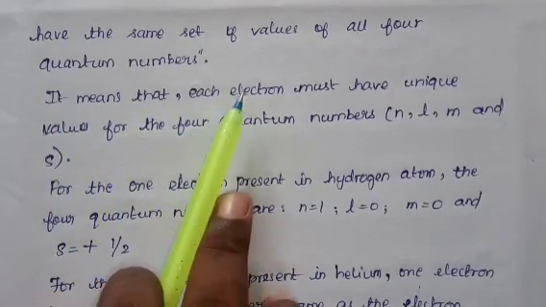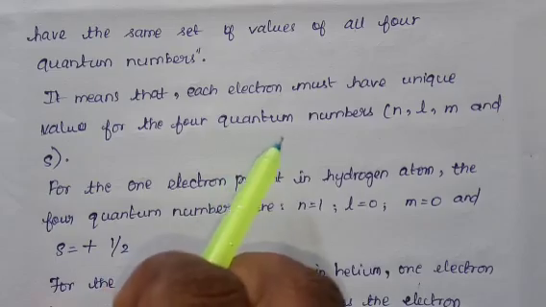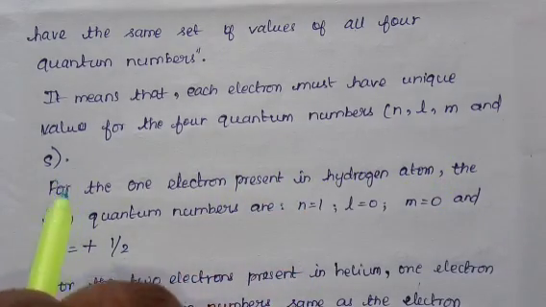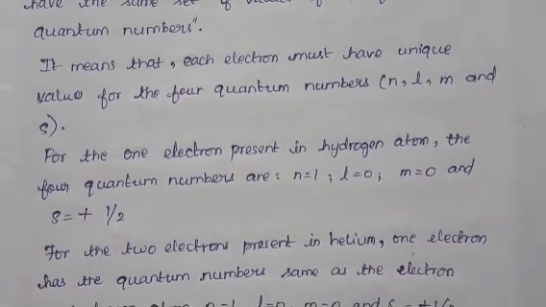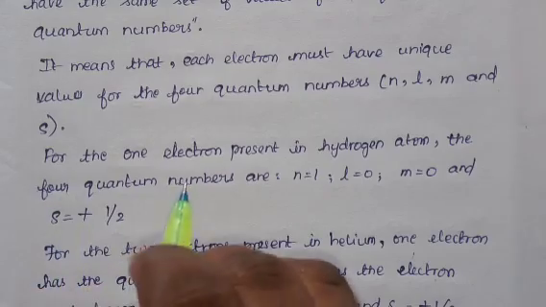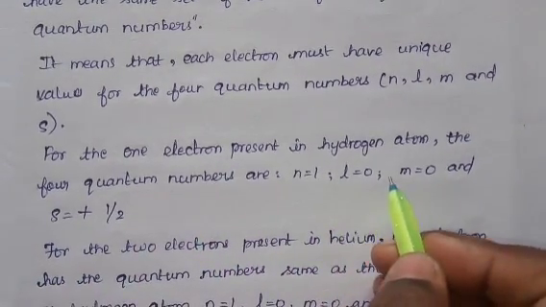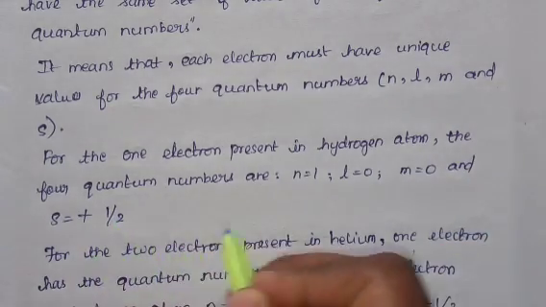It means that each electron must have unique values for the four quantum numbers n, l, m and s. For the one electron present in hydrogen atom, the four quantum numbers are n is equal to 1, l is equal to 0, m is equal to 0 and s is equal to plus half.